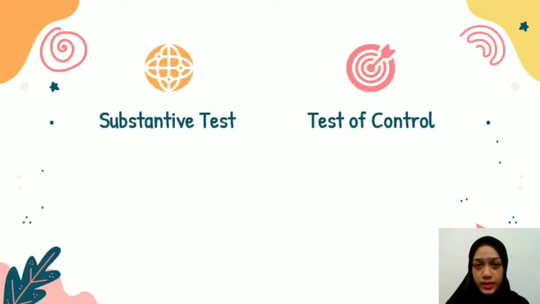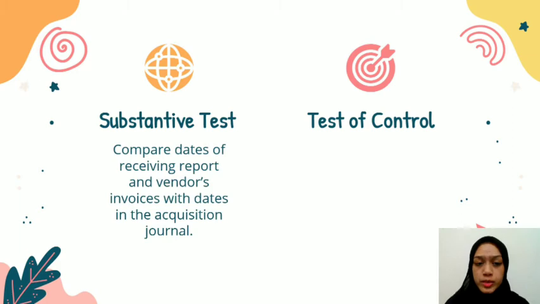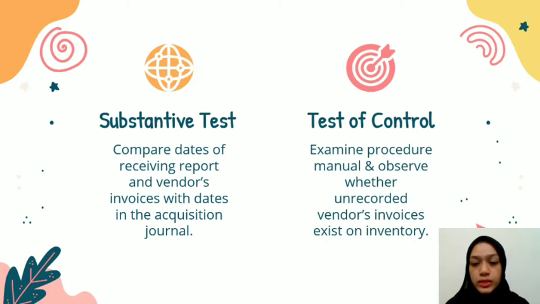For substantive tests, the management has to compare dates of receiving reports and vendors' invoices with dates in the acquisition journal. For test of control, they need to examine the procedure manual and observe whether unrecorded vendors' invoices exist on inventory.